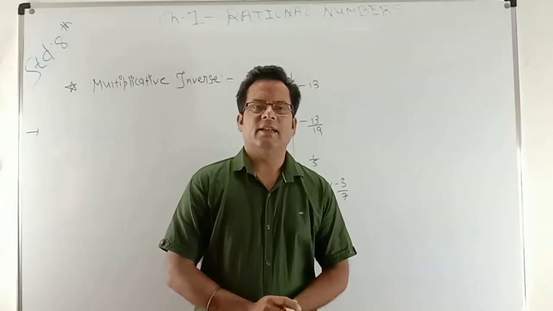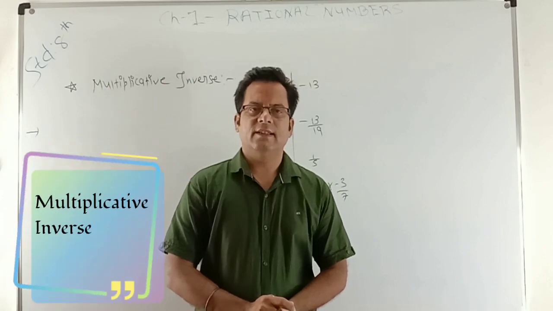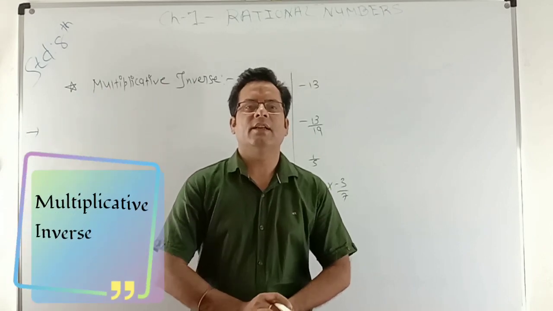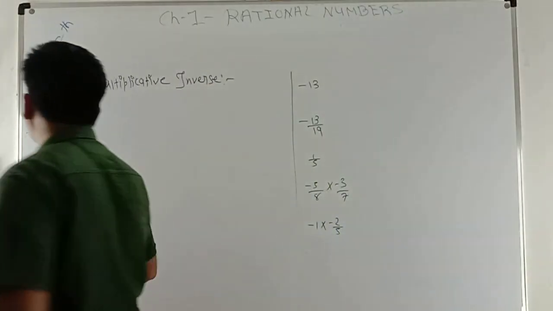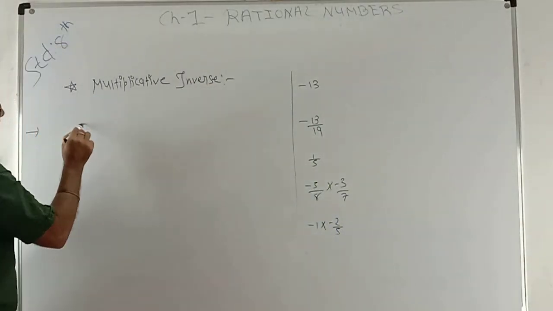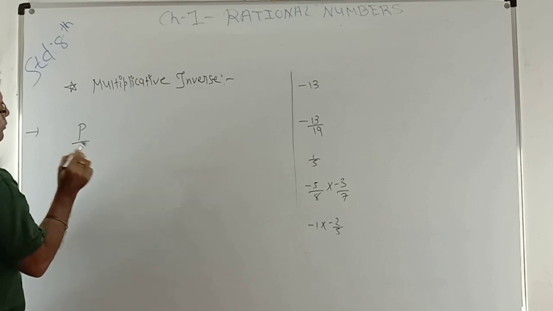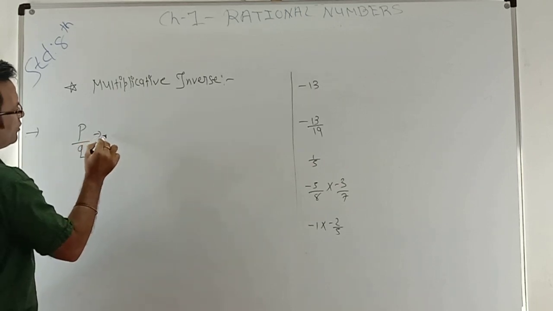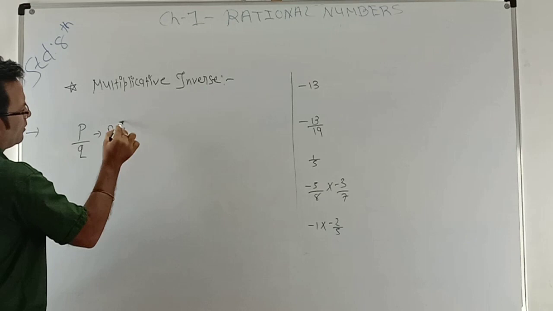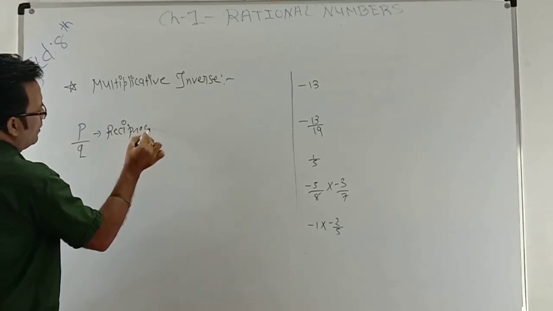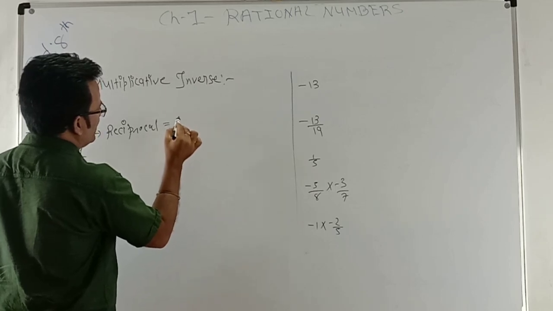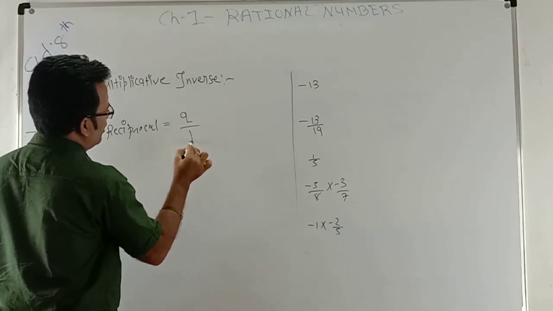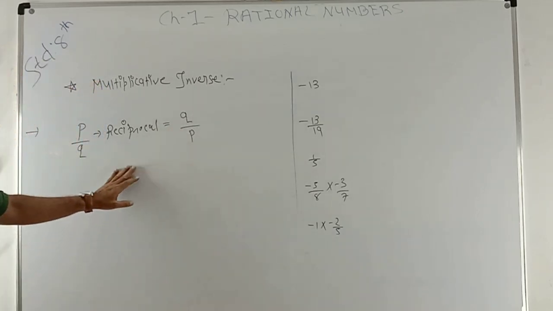And now multiplicative inverse. In this, what do we have to do? See, multiplicative inverse means you have to make the reciprocal. Suppose P upon Q is written, so make the reciprocal. The reciprocal of P upon Q will be Q upon P. Right?